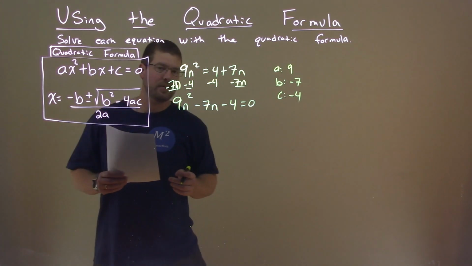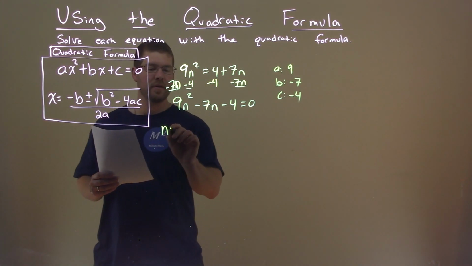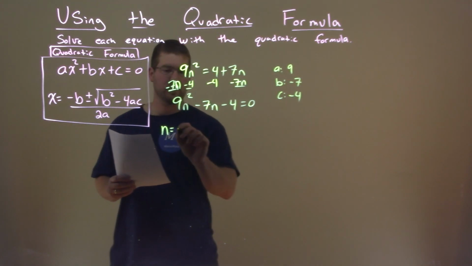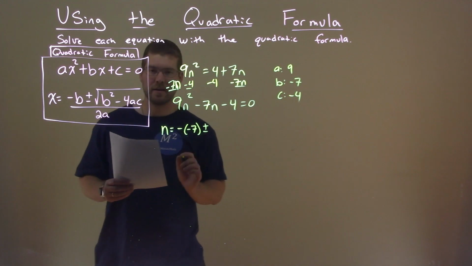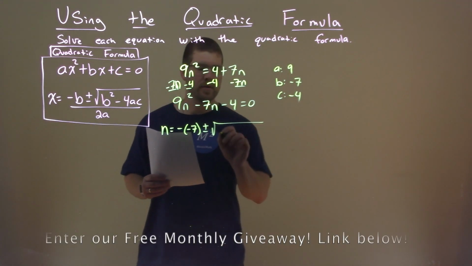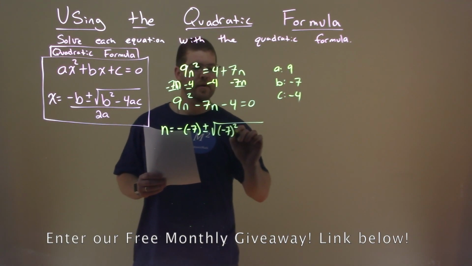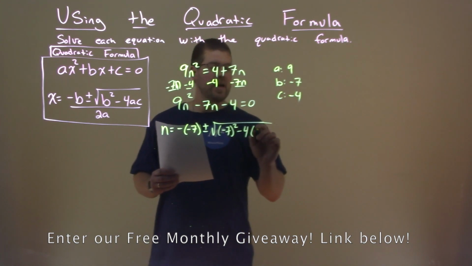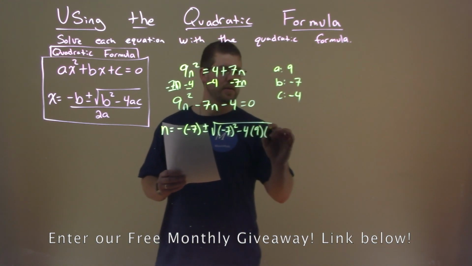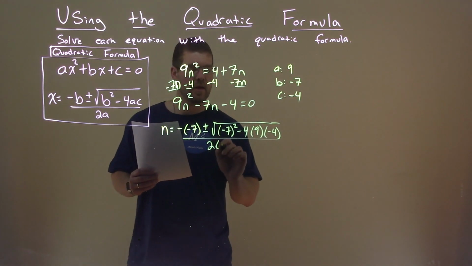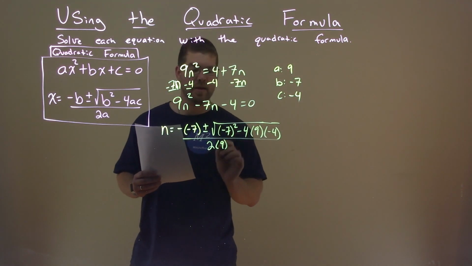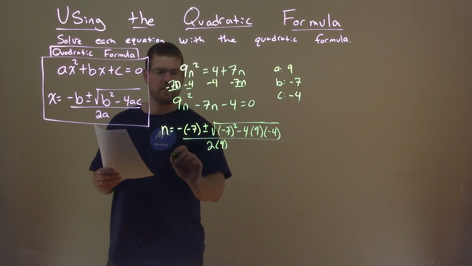Now we need to use our quadratic formula and plug in our values. So it's negative b, so negative negative 7, careful of the double negative, plus or minus the square root of negative 7, the b value squared, minus 4 times a, which is 9, times c, which is negative 4, all over 2 times a, a being 9. So we simplify this.